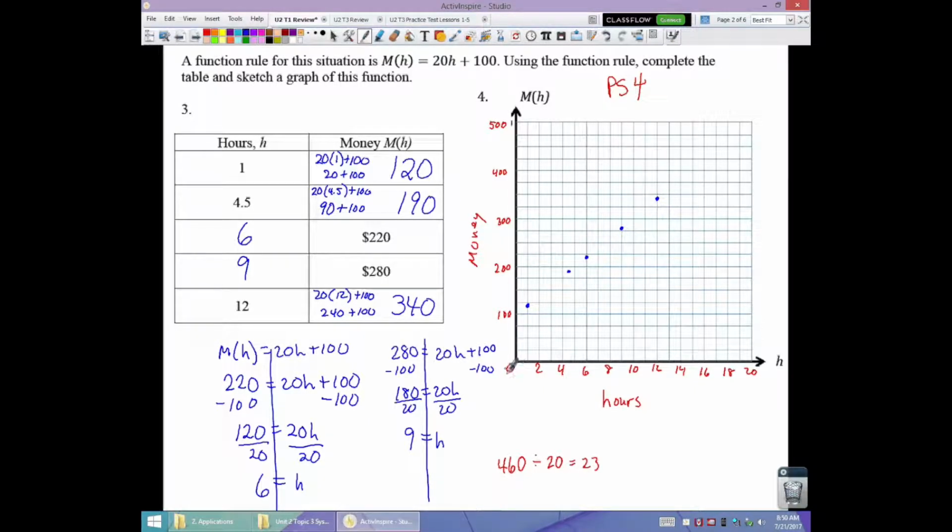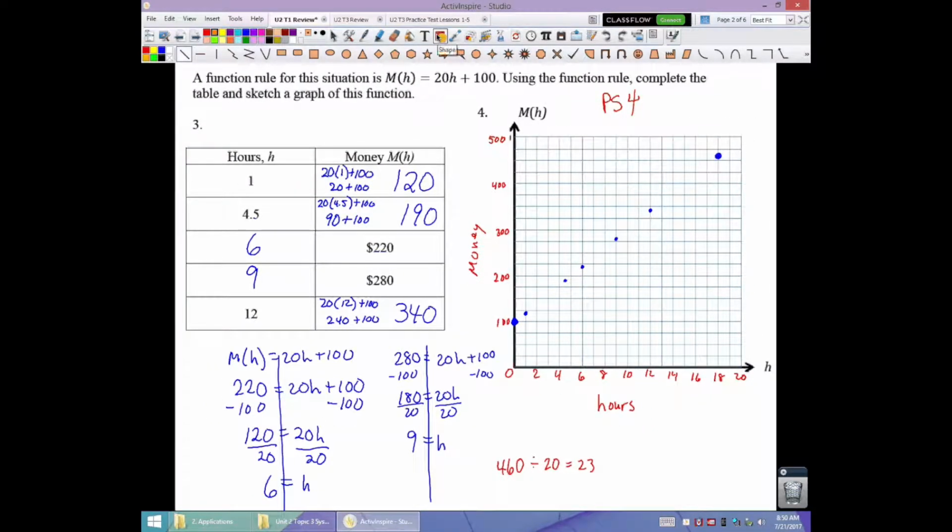There was a value for tutoring 0 hours. There was a range value there, and it was 100. So that's actually the lowest point on my graph. And then the maximum, if I tutored all 18 hours, that would result in $460. So I want to put that point, and then I can connect these. It would be passing through all of the ones I have in my table and many more.